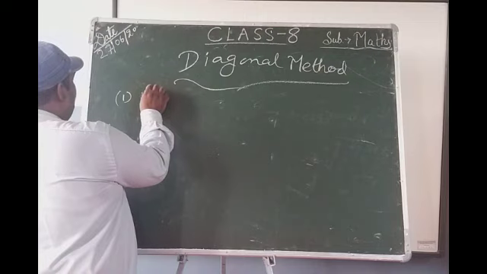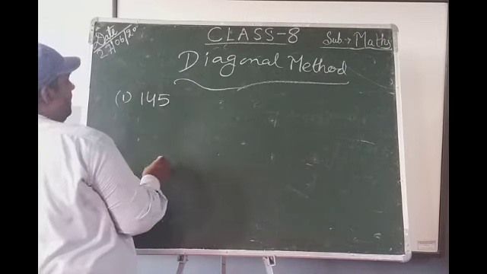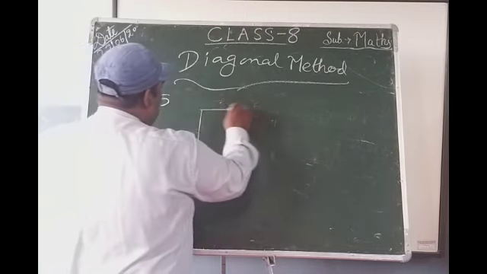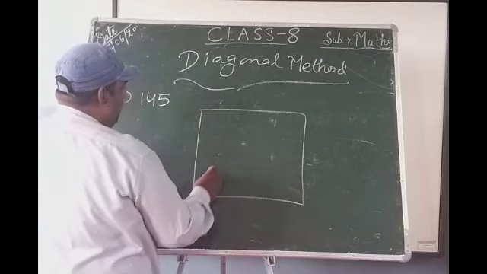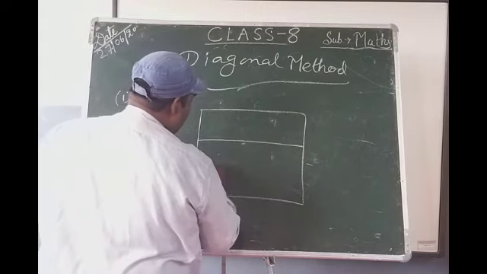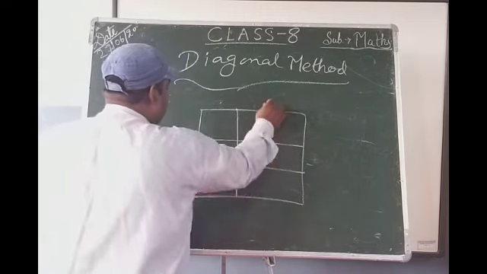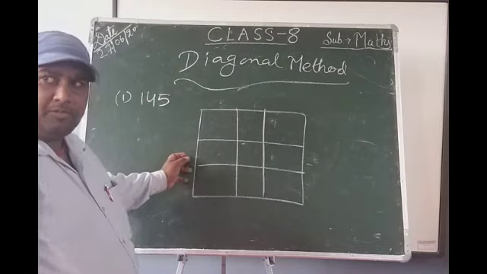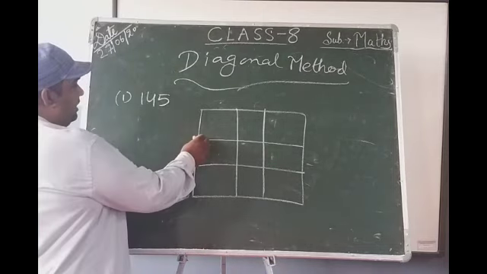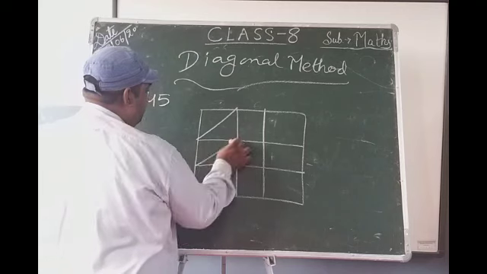Now like this, if it is a 3-digit number and you have to find the square, suppose that you have to find the square of 145. Then you have to make 3 by 3. All squares should be of the same size. And diagonally we will divide them.